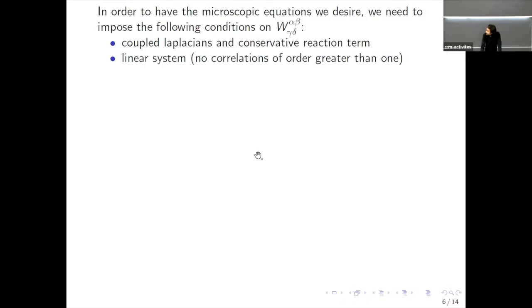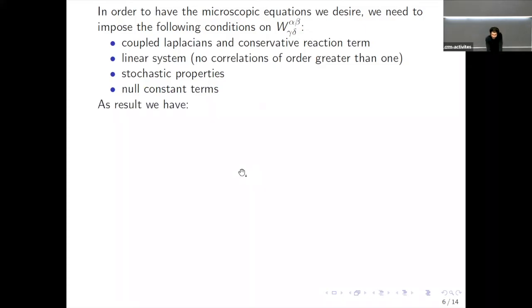Second, we would like to keep the linearity of the system, and for this reason we do not want a correlation of order greater than 1. We also have to require that the generator we find is indeed a stochastic generator, a Markov generator in particular, and, as I said before, we do not want any constant term in the action.